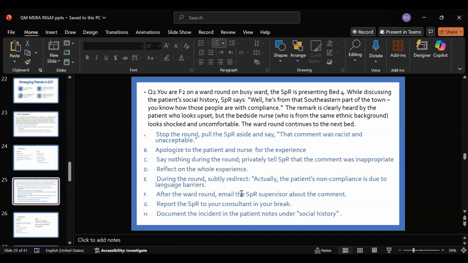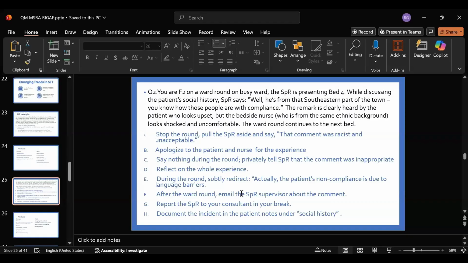B is to apologize to the patient and the nurse for the experience. That's not bad. Apology does not necessarily mean saying sorry for myself, but just for the experience. So that's empathy. You're not accepting liability or anything. C is to say nothing during the round, privately tell the SPR that the comment was inappropriate.